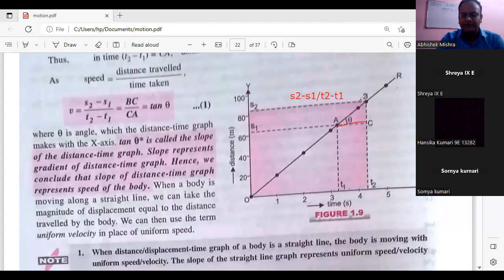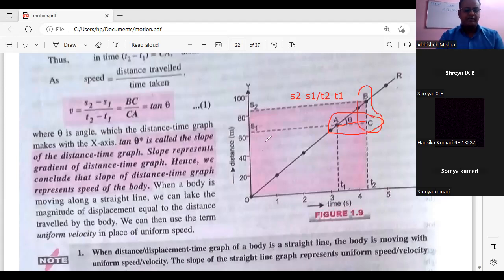Now see, S2 minus S1, can we say it is BC? Yes or no? Yes, sir. And T2 minus T1, can we name it CA? Yes or no? Yes, sir.